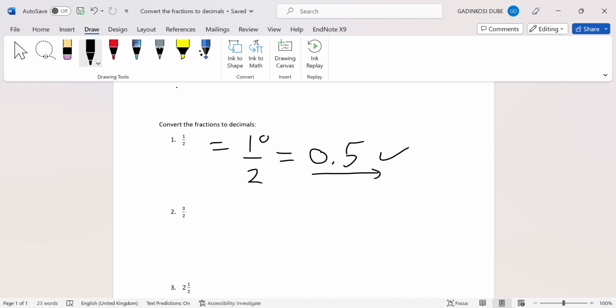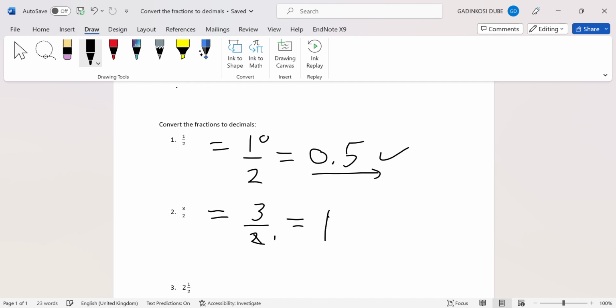Okay, so let's look at the second one. That's 3 over 2. It's a top-heavy fraction. So again, you follow the same procedure. Since it's 3 divided by 2, how many times does 2 go into 3? It goes once, and the remainder is 1.